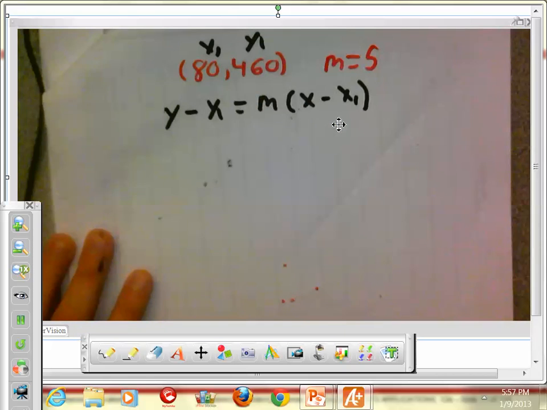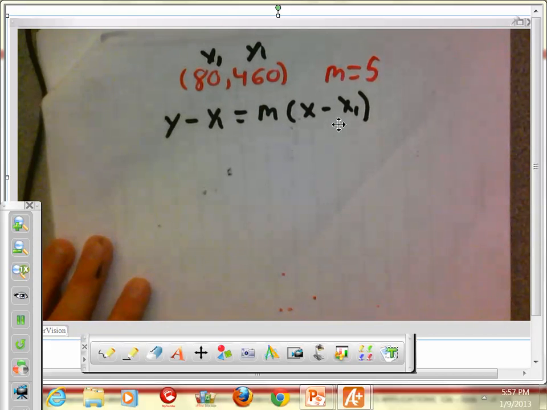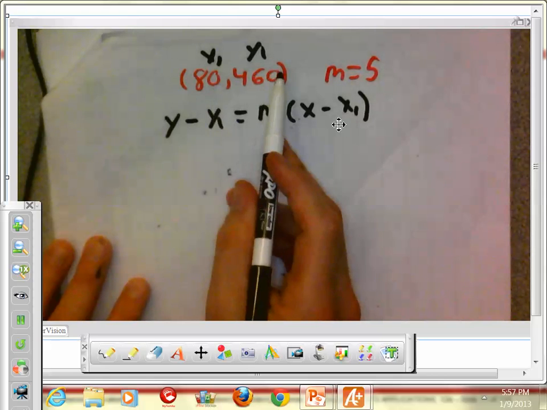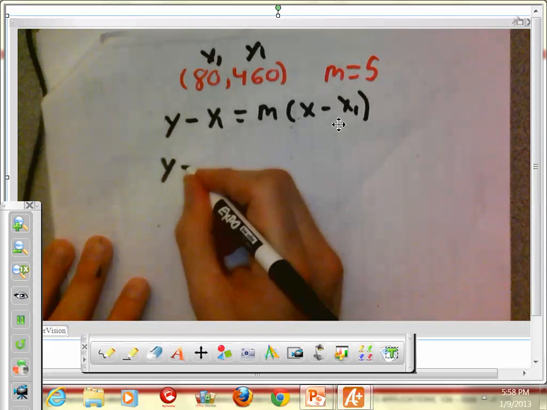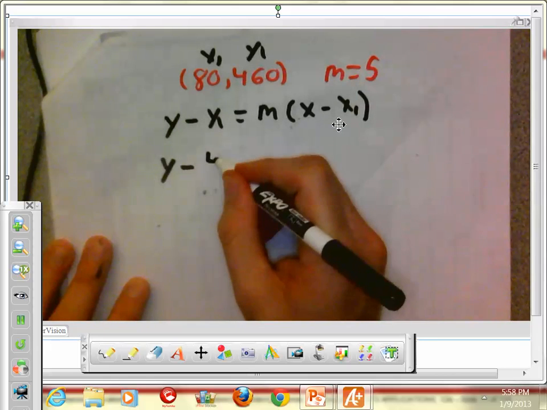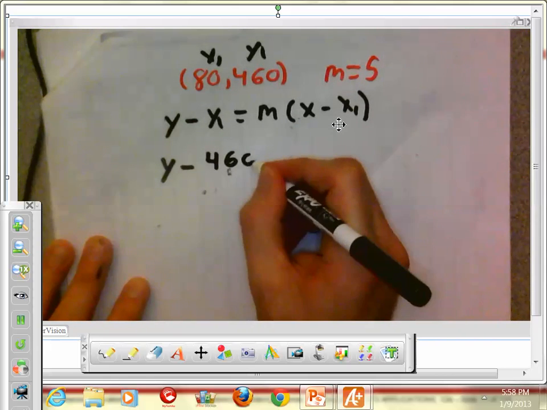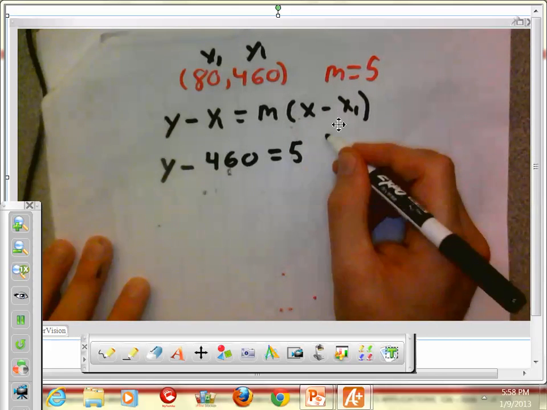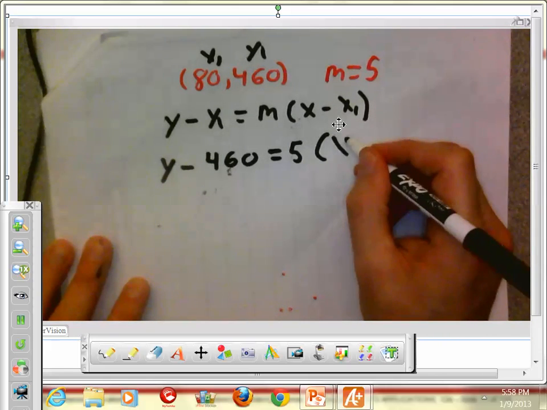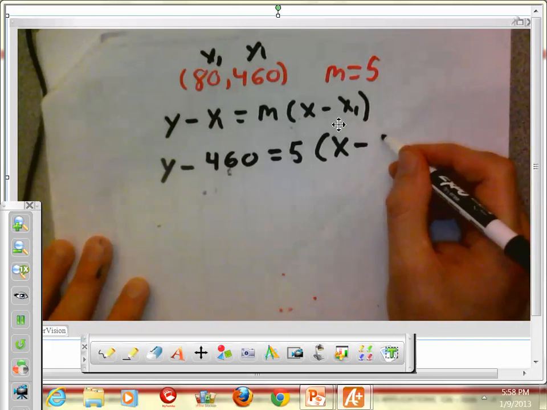It can be any point on the line. It doesn't matter. Well, y1 is 460, so it's going to be y minus 460 is equal to the slope, which is 5, times x minus x1, which is 80.